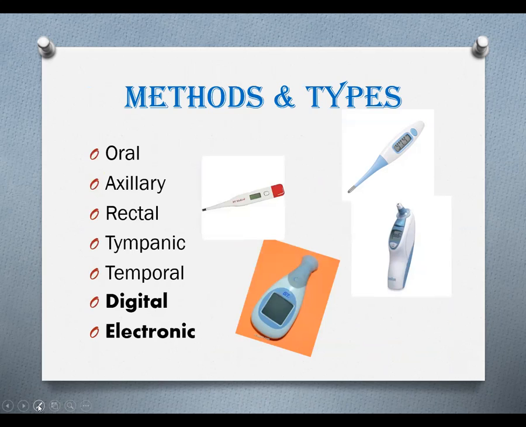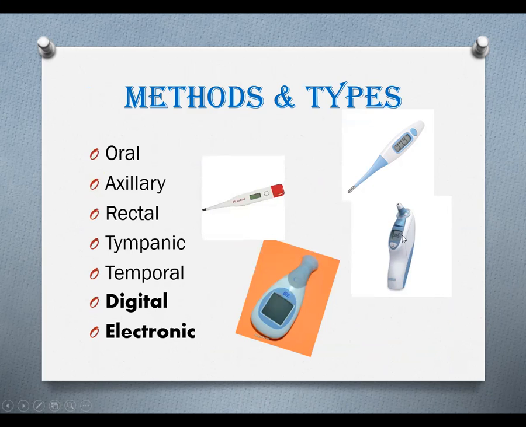Auxiliary is the one that you put under the arm. Rectal measures the most accurate body temperature. Tympanic is the one that you use with the probe in the ear. These two here can be used for oral, and they can also be used for rectal.